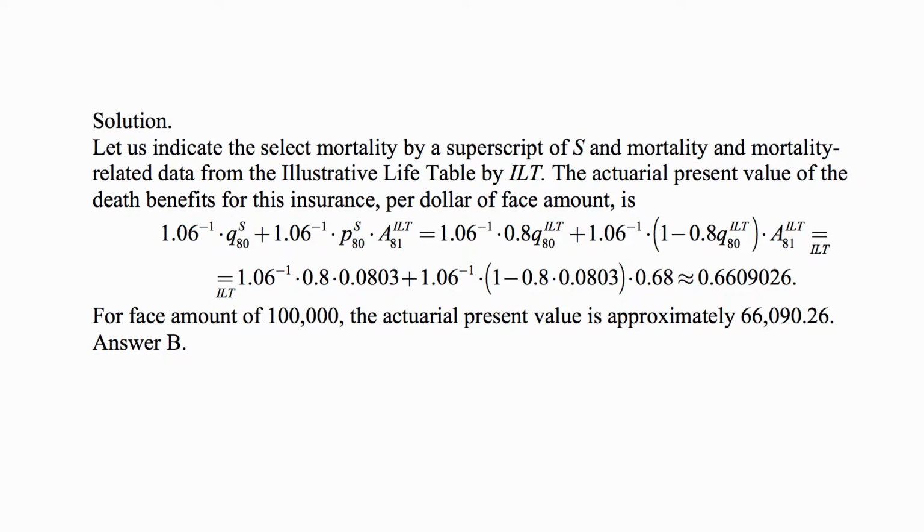The actuarial present value of the death benefits for this insurance per dollar of face amount is 1.06 to the -1, so discounting during the first year, times the probability of dying during the first year, which is the select mortality, plus 1.06 to the -1 times the probability of survival during the first year with select mortality, and then times the cost of life insurance at age 81 from the illustrative life table.